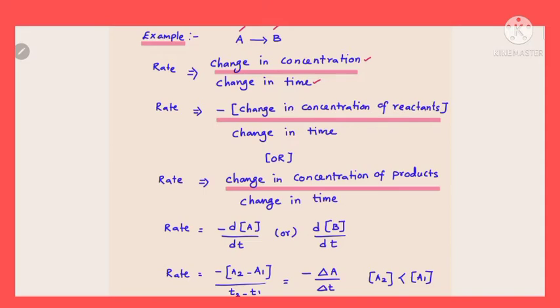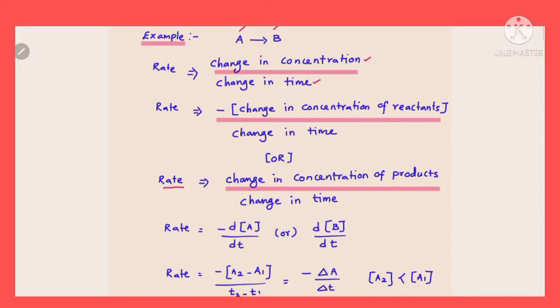Suppose we express rate by measuring the change in concentration of reactant, we write rate equal to minus change in concentration of reactant divided by change in time. Or if the rate is expressed in terms of products, the rate is change in concentration of products divided by change in time.